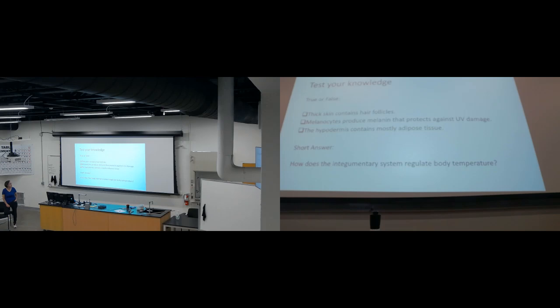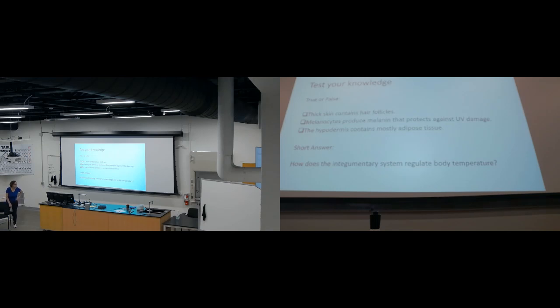Number 2, melanocytes produce melanin that protects against UV damage. True or false? True. Number 3, the hypodermis contains mostly adipose tissue. Don't even do this because it's true.